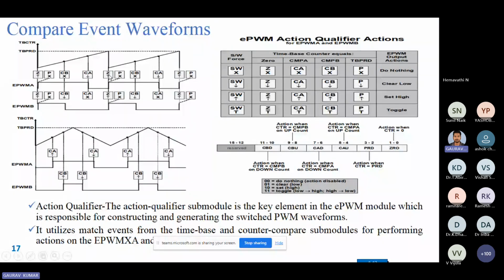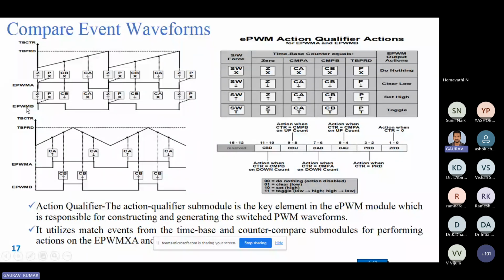If we are focusing on zero, we don't have to focus on the period. Throughout the time we have to disable the period, which means we do nothing for the period. So again when zero comes, it is set, then again compare A clears, then again set for zero.